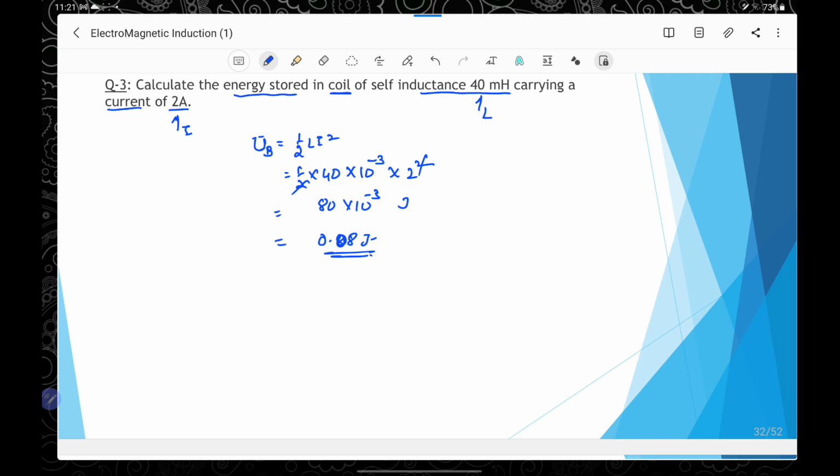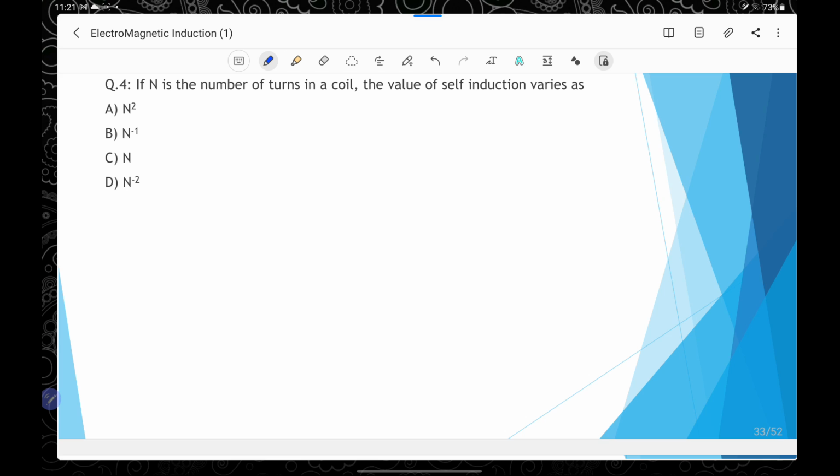This is the answer. Next question: if N is the number of turns in a coil, then the value of the self-induction varies as? We have already done the formula that L, the coefficient of self-induction, equals mu naught n square A l, where n is the number of turns per unit length, A is the area of the solenoid or coil, and l is the length of the coil.